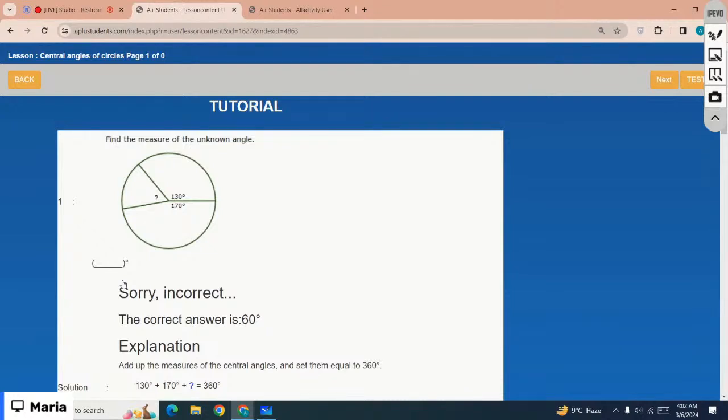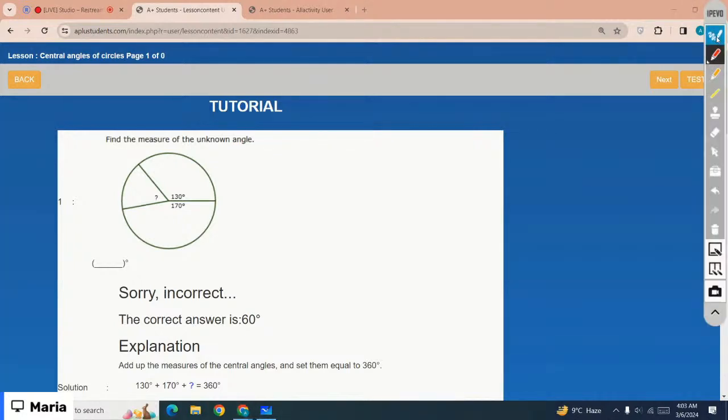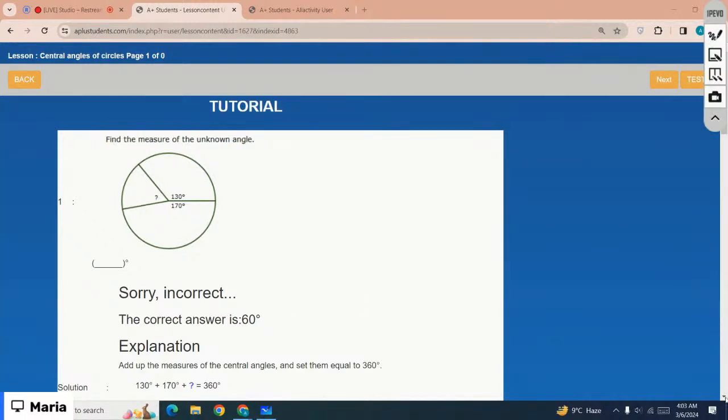Find the measure of the unknown angle. You are given two of the angles, you need to find the third angle, right? The sum of all the angles in a circle is always 360 degrees. You are given two of them, so you need to add them: 130 plus 170 plus the missing angle. The sum of all the angles in a circle must equal 360.